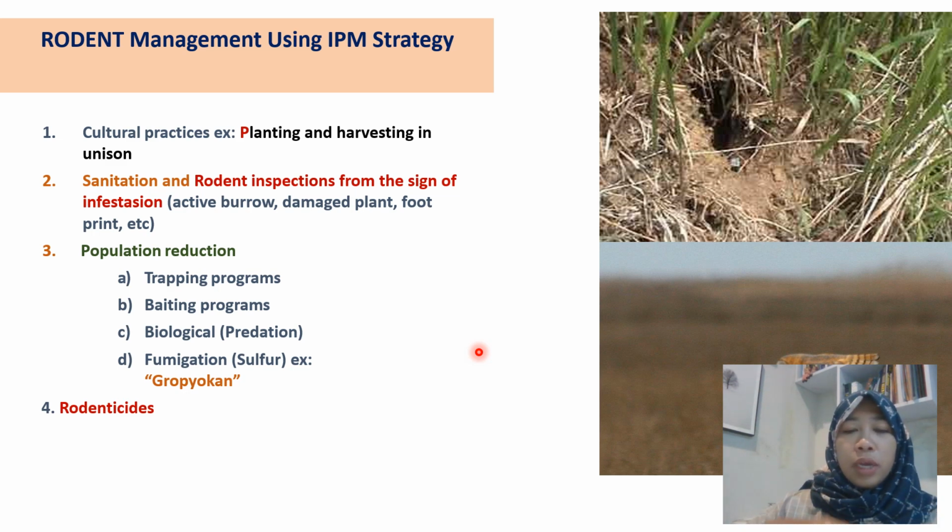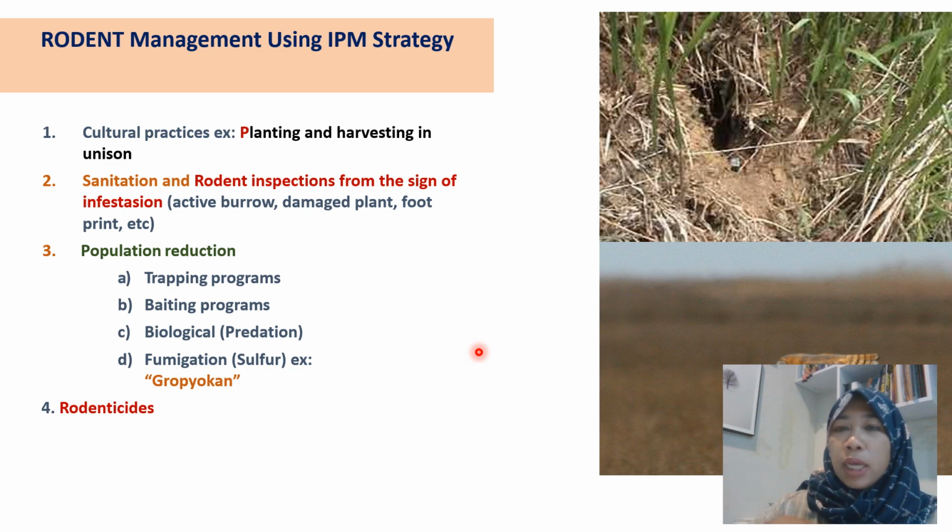Because if we don't plant in unison, for example, the pest in plot A would move to plot B, and then move to plot C, etc. Because they have different stages of plant.